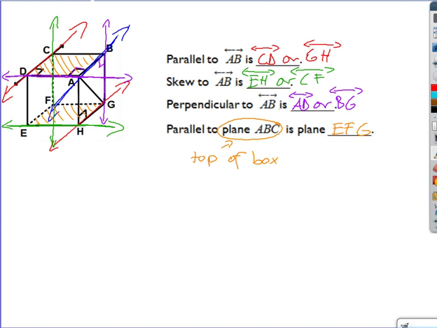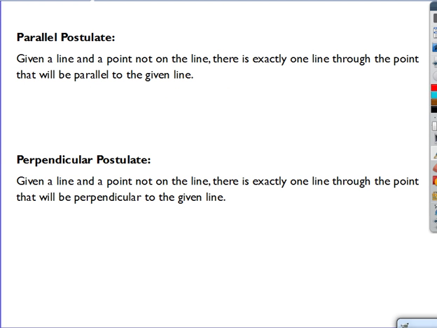This leads us to two very useful postulates. The parallel postulate states, given a line and a point not on that line, there is exactly one line through the point that will be parallel to the given line. In other words, let's just imagine we have a line right here and a point that is not on that line.